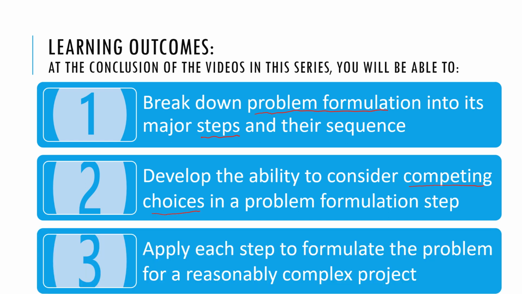And finally, apply each step of the problem formulation to formulate the problem for a reasonably complex project. So those are what we should be able to do after we complete this series of videos.